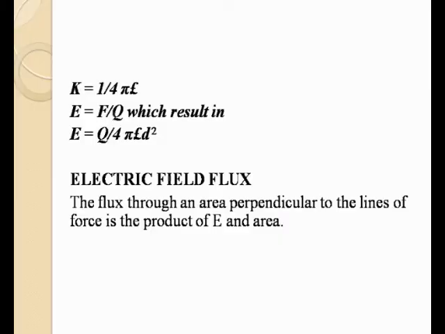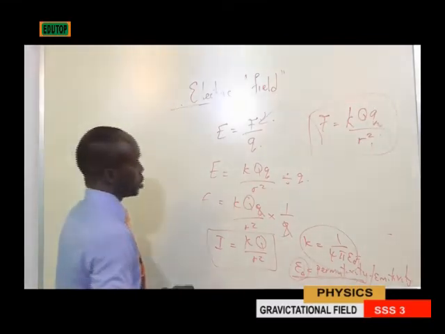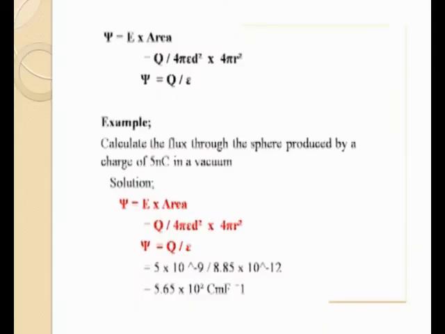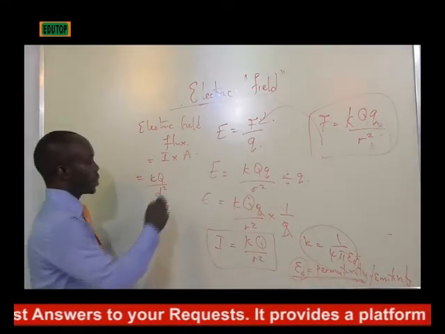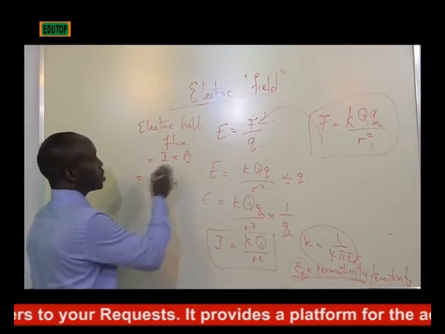Now considering the electric field flux, it is just the flux through an area perpendicular to the lines of force, the product of E times your area. We use our electric field intensity times cross-sectional area, or you can use D squared or R squared, all over D squared times your cross-sectional area.